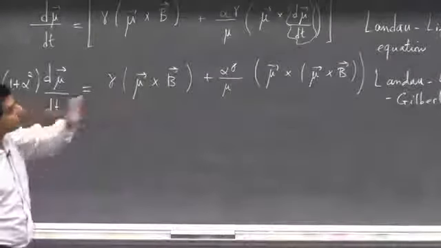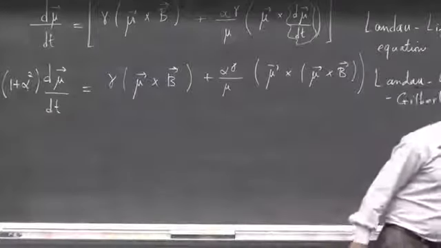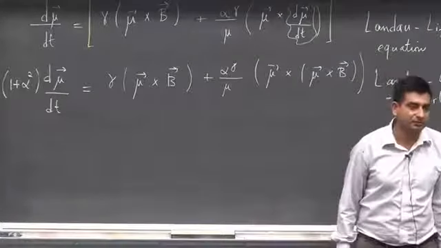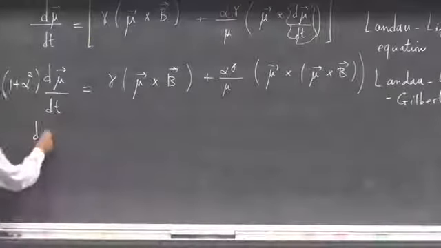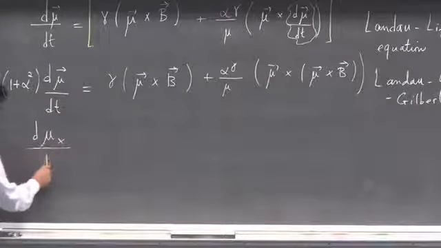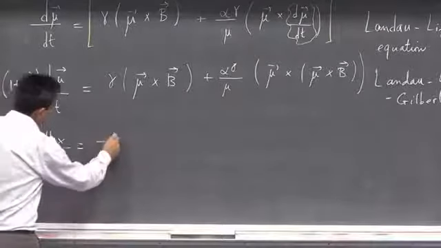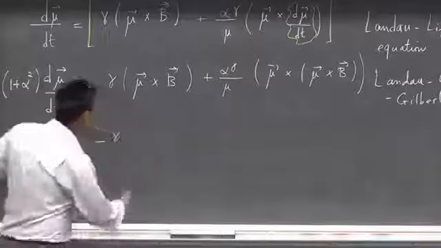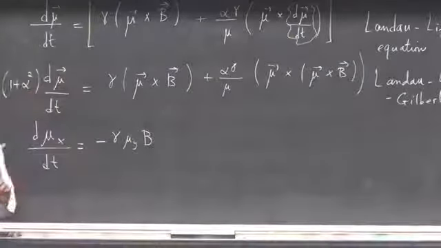Now the Bloch equation can also be adjusted. This equation can also be adjusted to account for relaxation. And the way you would do that is in the following fashion. d mu x over dt, which is simply given coherently by gamma mu y over b. If you solve this equation, you get the precession.